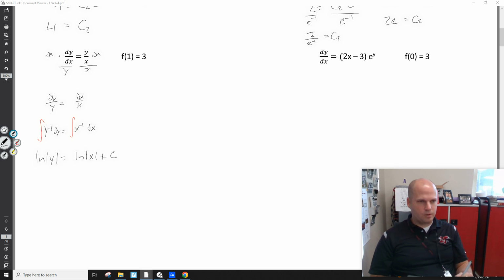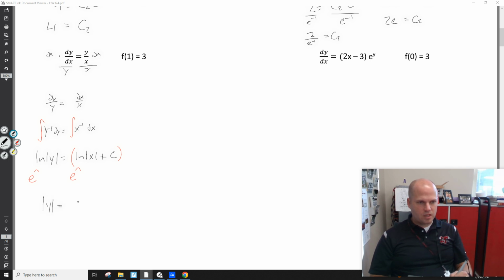It's a great example of how exponent rules will help us simplify, but be careful when you simplify. When I take e to the power of both sides, it does not simplify to just be x plus c, because the entire right side stays in the power of e.